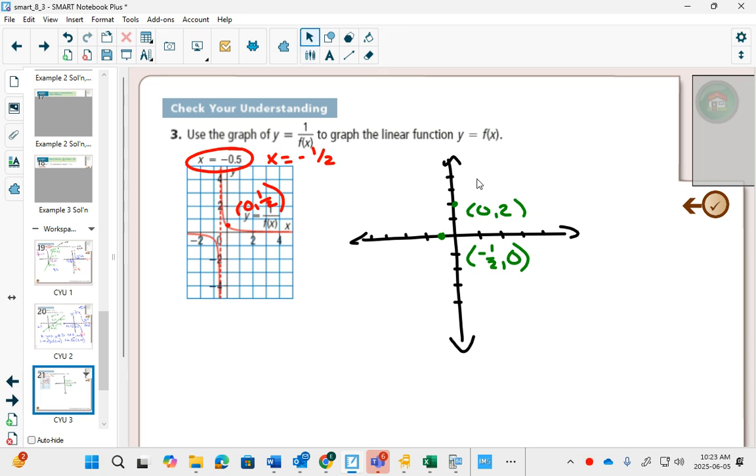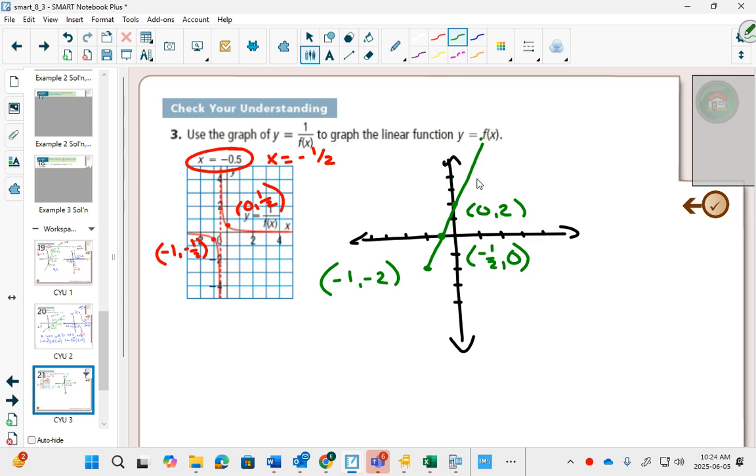And it looks like here I have another point. When x is negative 1, we have negative 1/2. So that would mean at negative 1, I would have negative 2. And I could draw the graph of that line.